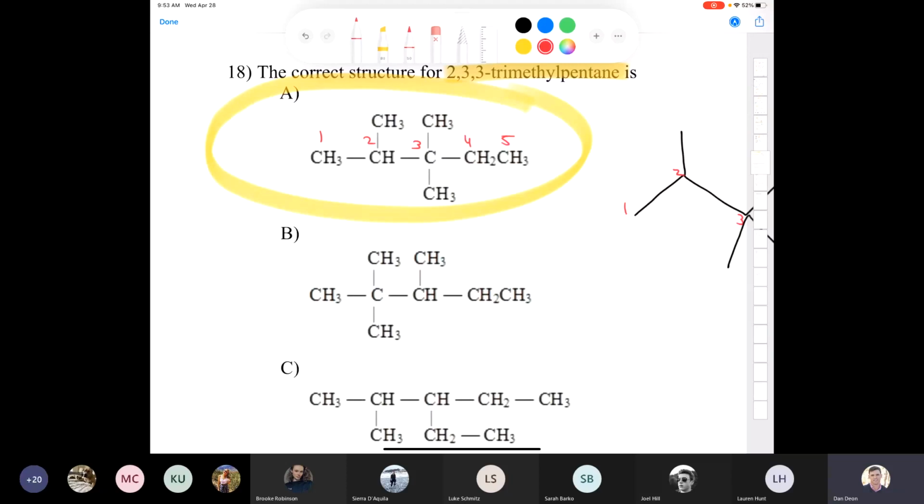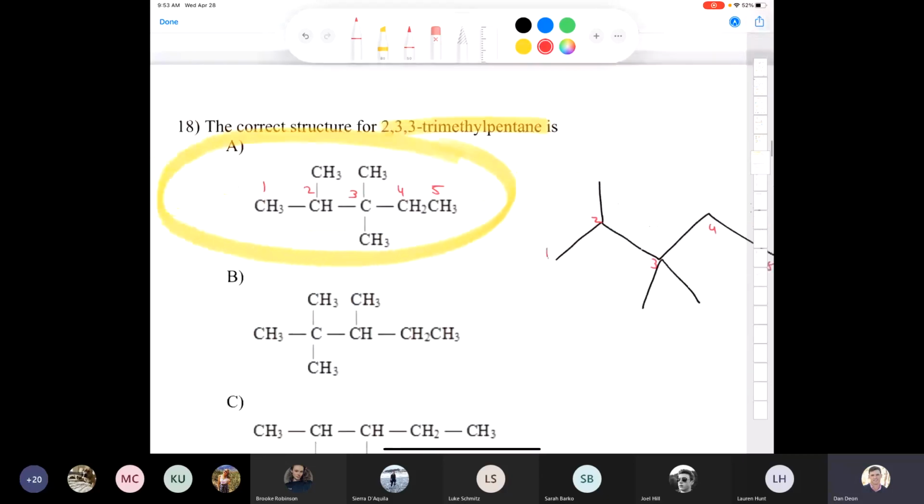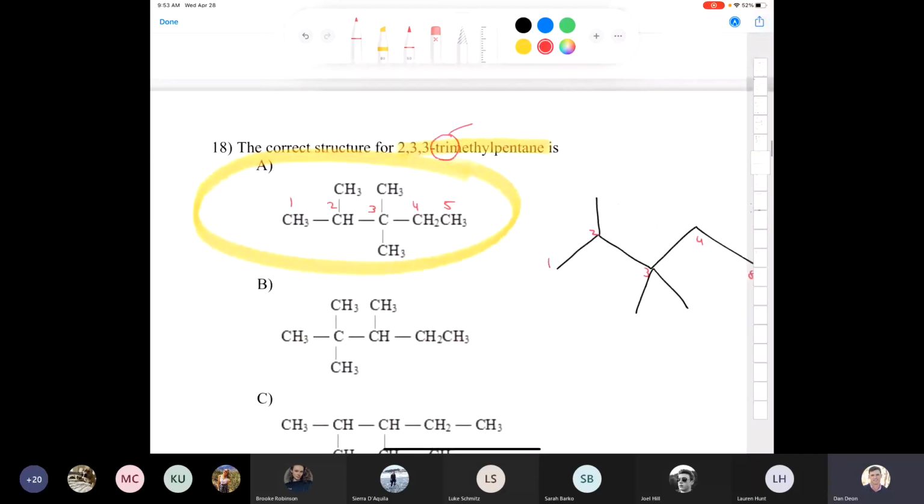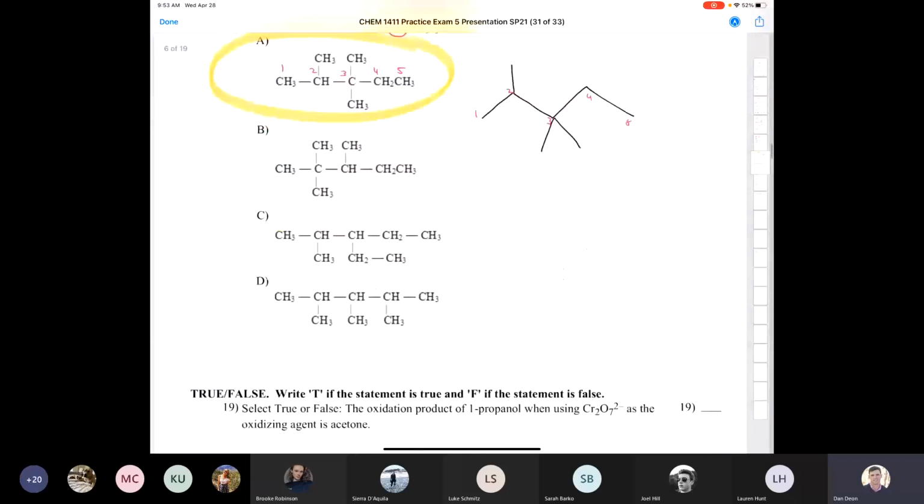Sorry, I was having a lapse of judgment there for a second. Anyhow, we have a methyl group at carbon 2, and we have 2 at carbon 3, so it would be 2,3,3-trimethylpentane, right? Remember that "tri" in chemistry represents 3 of something, so 3 methyl groups. All right, there we go.